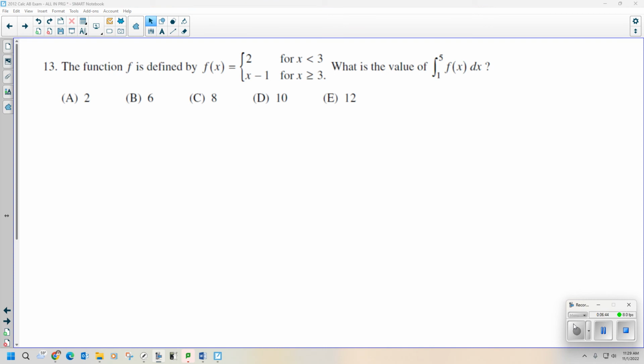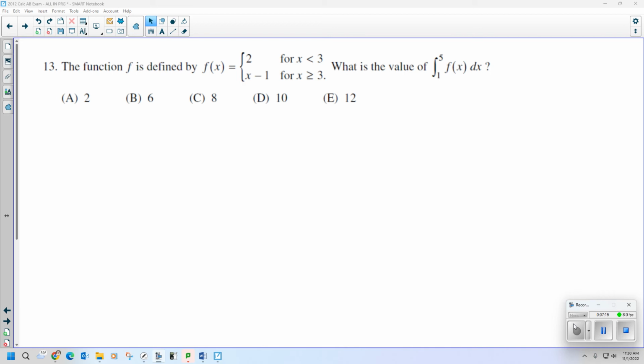13. There's two ways to do 13, and I'm kind of torn which way I'm going to do it. I think I'm just going to do an integral instead of actually graphing this and doing the area under the curve. 13 states the function f is defined by f of x equals 2 for any x value less than 3, and f of x equals x minus 1 for any x value that's greater than or equal to 3.